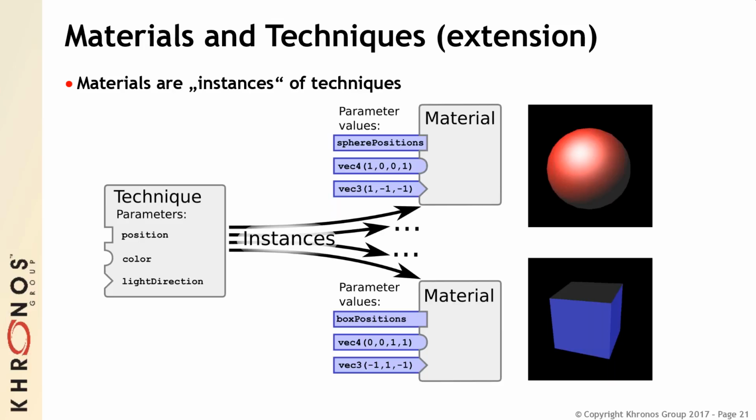Similarly, you can have a material that is an instance of the same technique, but the input values for the positions are now the positions of a box, a different color, blue in this case, and a different light direction. And you can see that using the same technique and instantiating different materials with that, you can render completely different objects using the same shader programs and the same GLSL implementations.